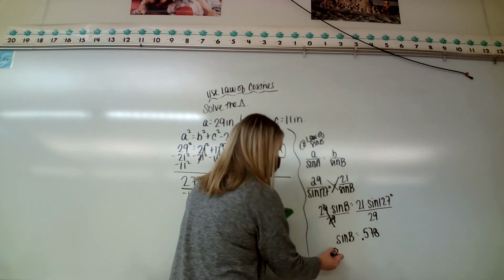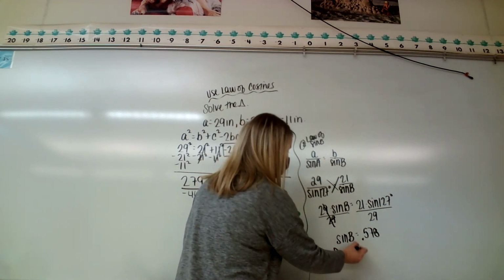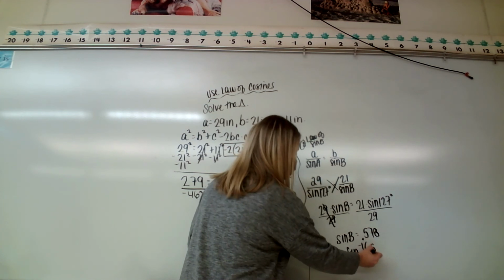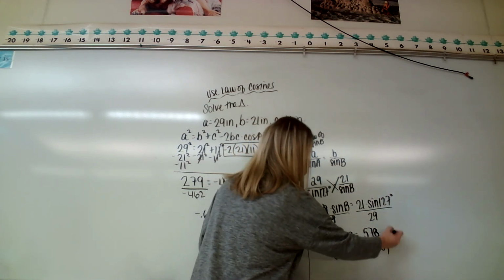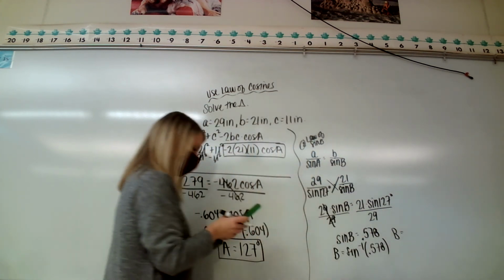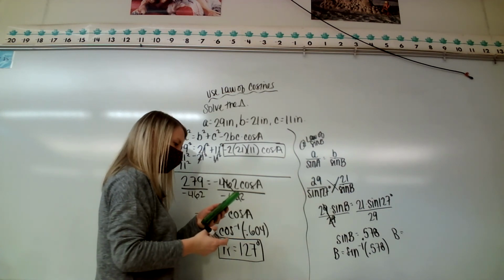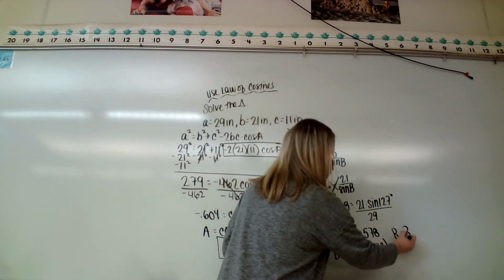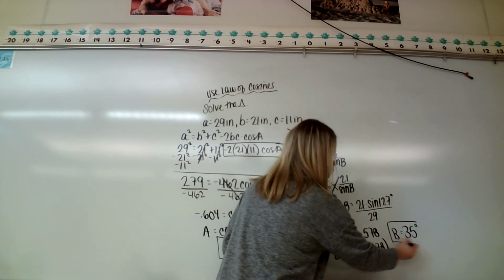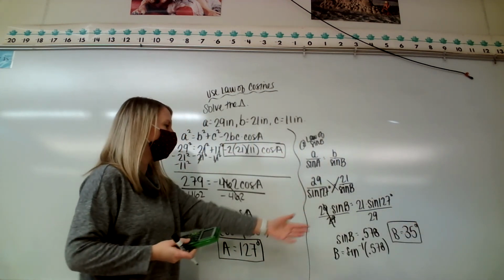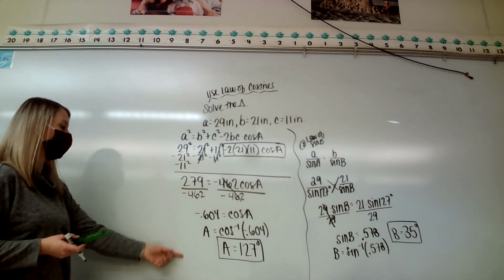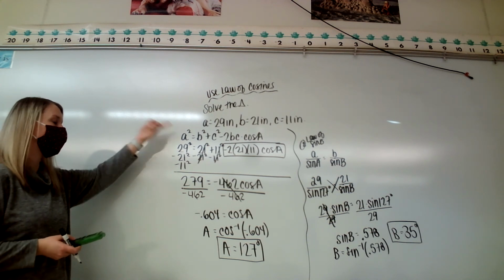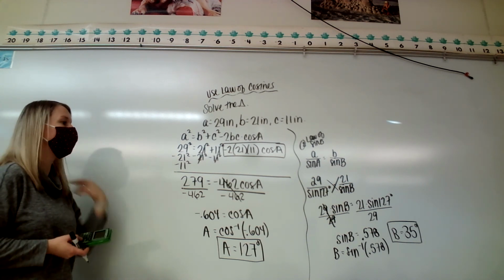And then to find B, I'm going to do the inverse sine of that. And that will give me B, which is like 35. I'm just going to round. So once again, you can do it that way. If you wanted to, you could come back and do it this way. Just use a different version. So use a version with angle B maybe.